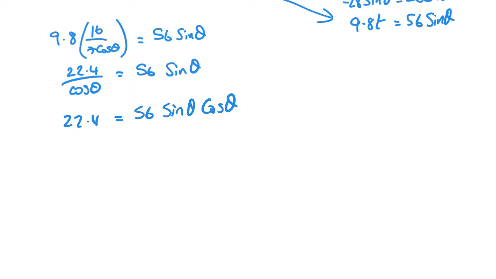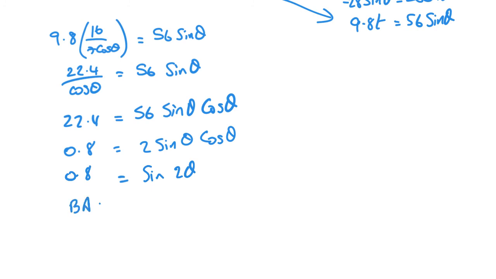And I'm going to divide through by 28, and I get 0.8 equals 2 sin theta cos theta. Now I've been very specific in dividing by 28 because I want to get 2 sin theta cos theta, because what I know about 2 sin theta cos theta, using the double angle formula, is that it's sin 2 theta. So sin 2 theta equals 0.8. The basic angle is going to be the inverse sine of 0.8, which works out to be 53.1 degrees.